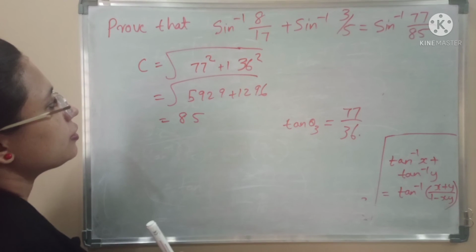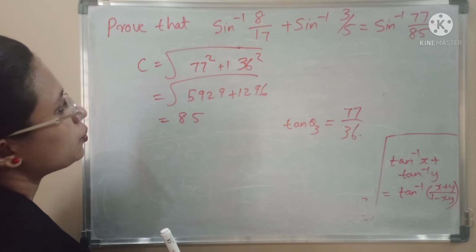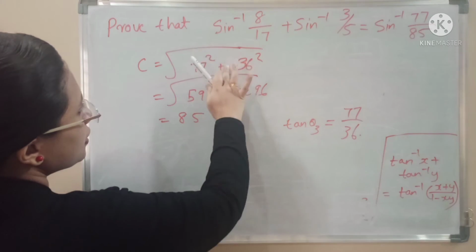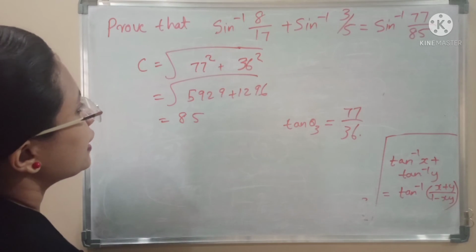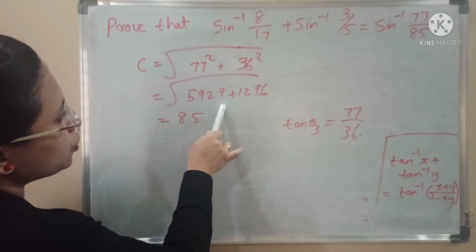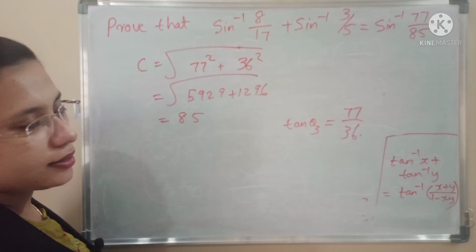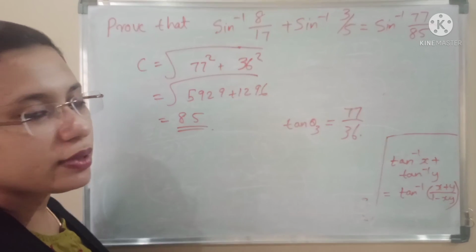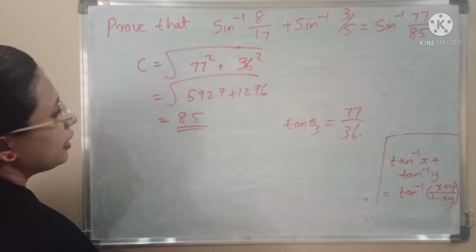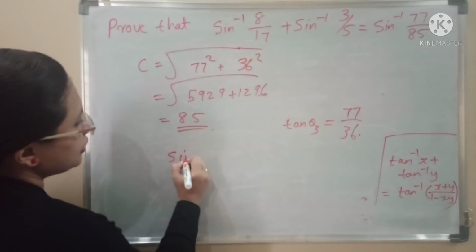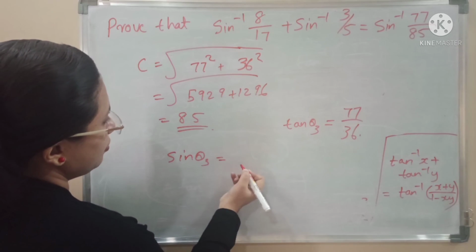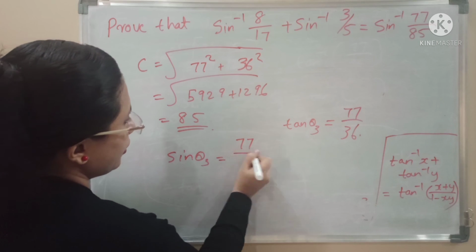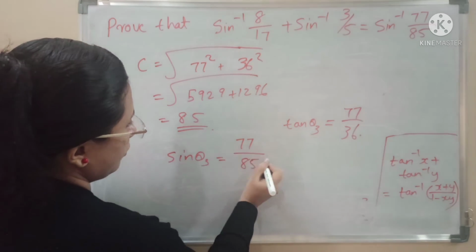Take the square root of 77 square plus 36 square. We will get 5929 plus 1296. So the value is 85. So the hypotenuse value is 85. Then sine theta 3 will be opposite side, that is 77 divided by 85.